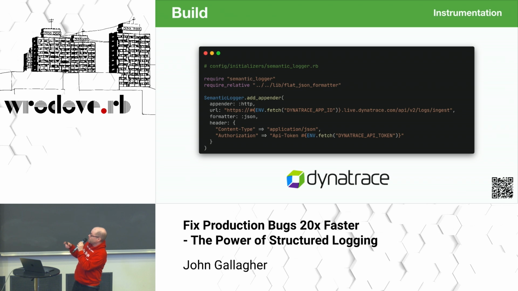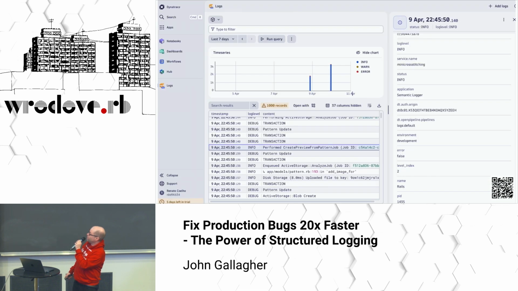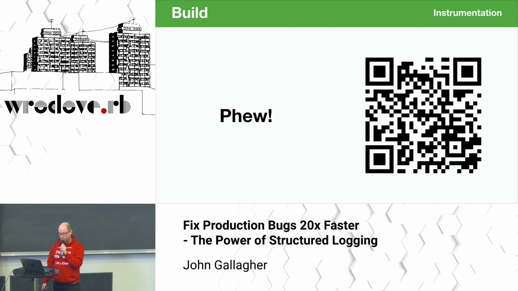So we'll create a little HTTP appender, and this will batch all our logs, make an API request to Dynatrace. That will ingest the logs, and it's all good to go. And this is what it might look like in Dynatrace. So you can see the logs on the left there, and then on the right here, you can see the structured version of each one of those individual logs. And then you can sort and search and filter by it in the top bar.